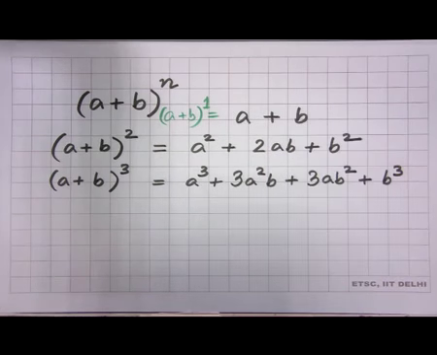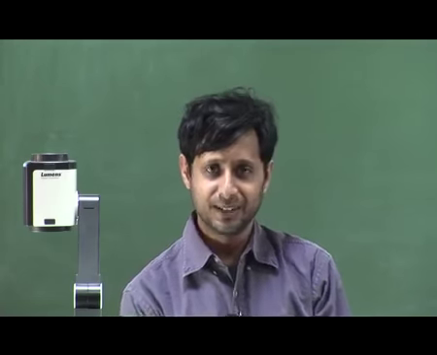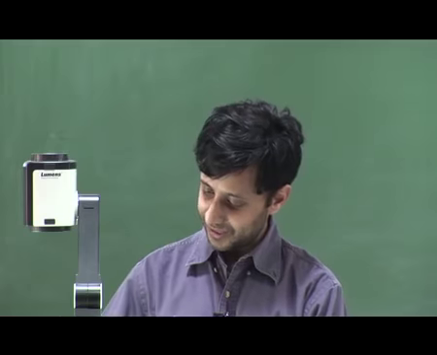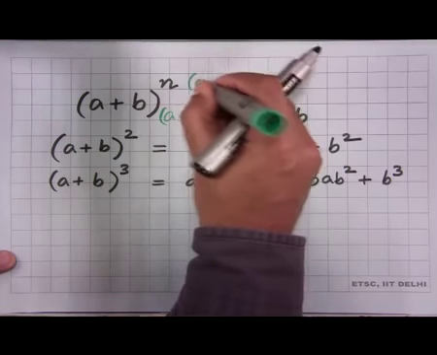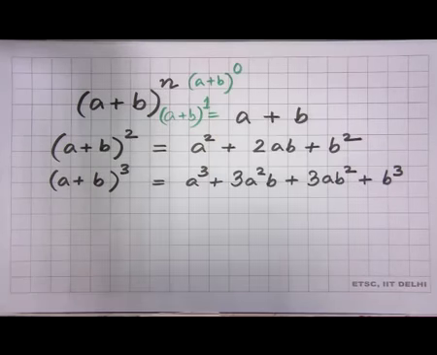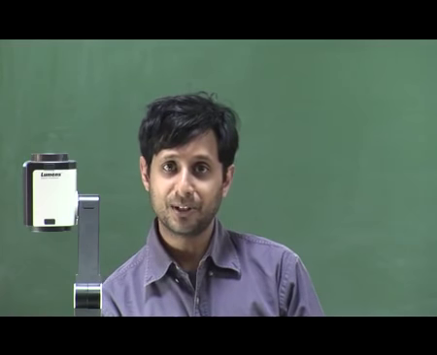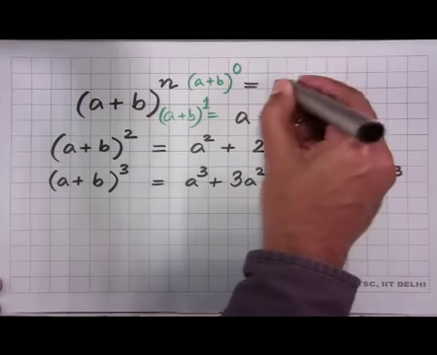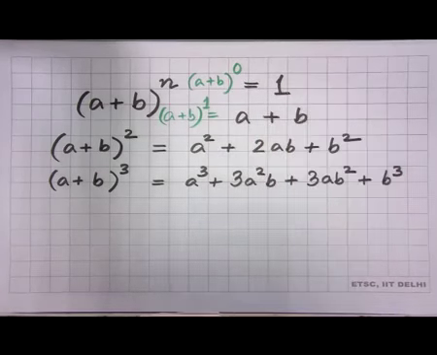And there is one more non-trivial result, although very easy, and that is a plus b whole power 0. And what is that? What is something to the power 0? It is equal to 1. Great. So, these are things that you already know.